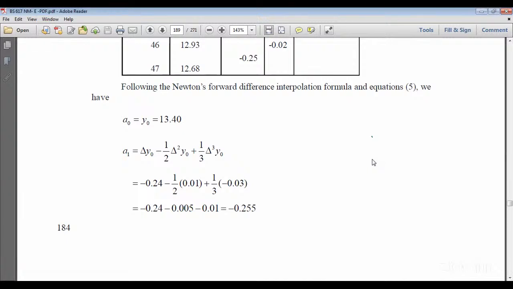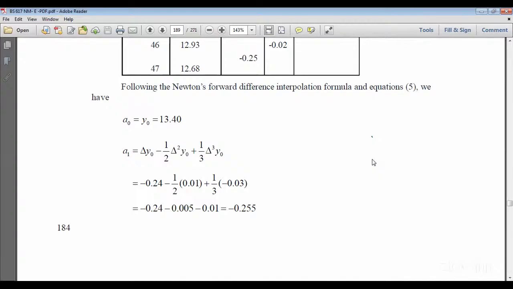Following the Newton forward difference interpolation formula and equations, a naught, y naught is equal to 13.40, delta y is equal to minus 0.24. Then a1 is del y naught minus 1 by 2 del square y naught plus 1 by 3 del cube y naught, we are taking here.